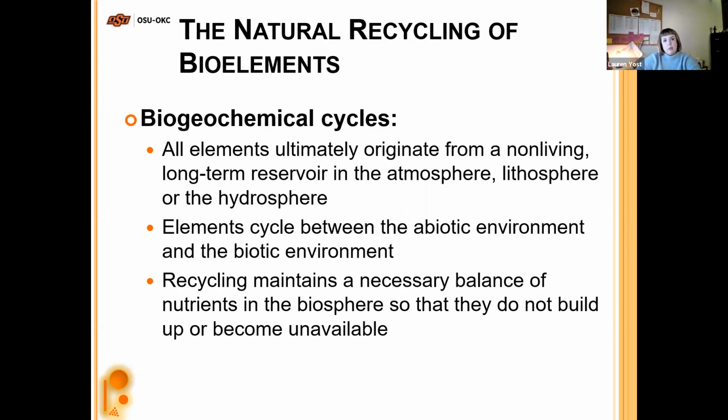What are biogeochemical cycles? This is literally the recycling of the elements in the living systems. All elements ultimately originate from a non-living, long-term reservoir in the atmosphere, lithosphere, or the hydrosphere. Elements cycle between the abiotic environment and the biotic environment, of course. And then we know it has to come from somewhere, right? Didn't start within living things.